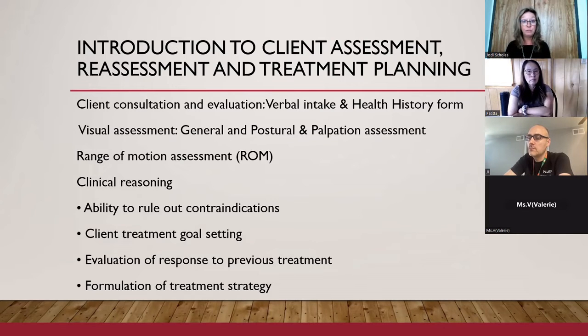And there are many of you who have English as a second language. And so if there is a word that I say that you don't understand, jot it down, make a note of it. Formulation of the treatment strategy. What is that? That is a fancy way to say in English, how are we attacking the treatment?